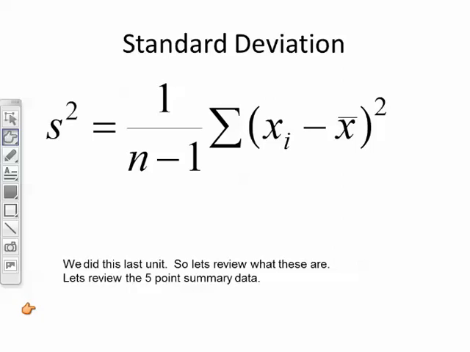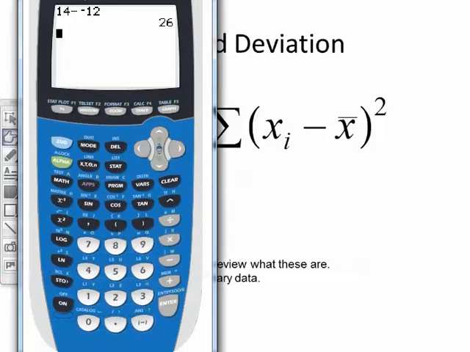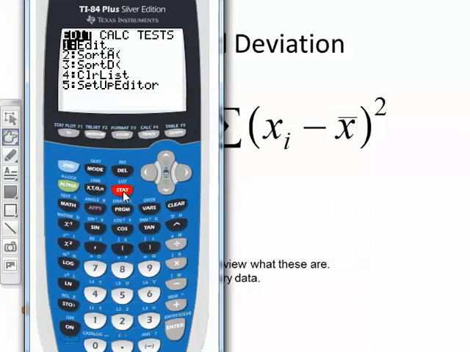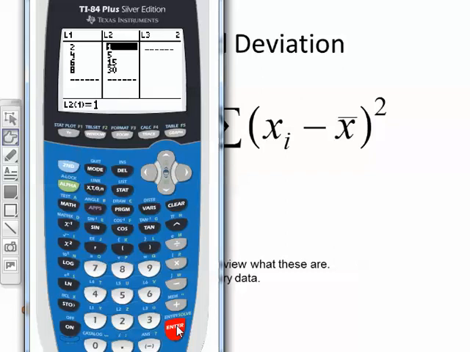So, I want to show you something. I've got my little handy dandy calculator right here, and in my stats area I have got some numbers. Not a lot, just L1, L2, just a couple of numbers.